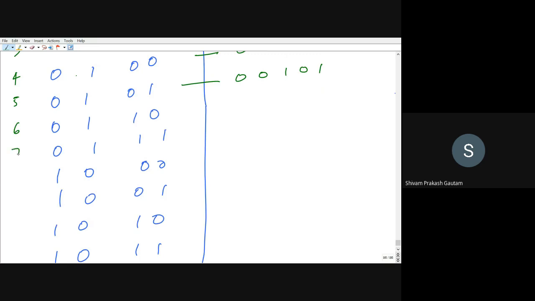Then we are having 6, 7, 8, 9. So up till 9 it is same.